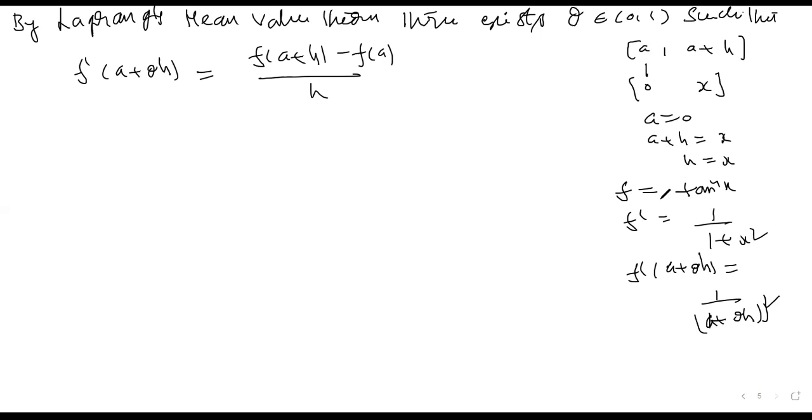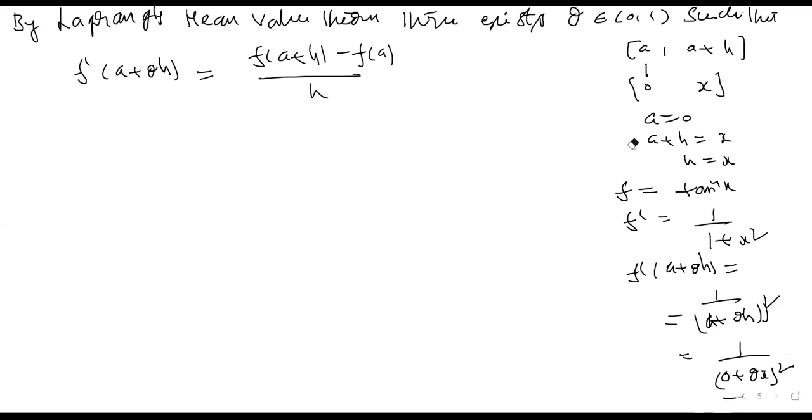What is a plus theta h? Already I told you all the terms: a means 0, theta means theta, h means x. Simply this can be written as 1 by 1 plus theta square x square.